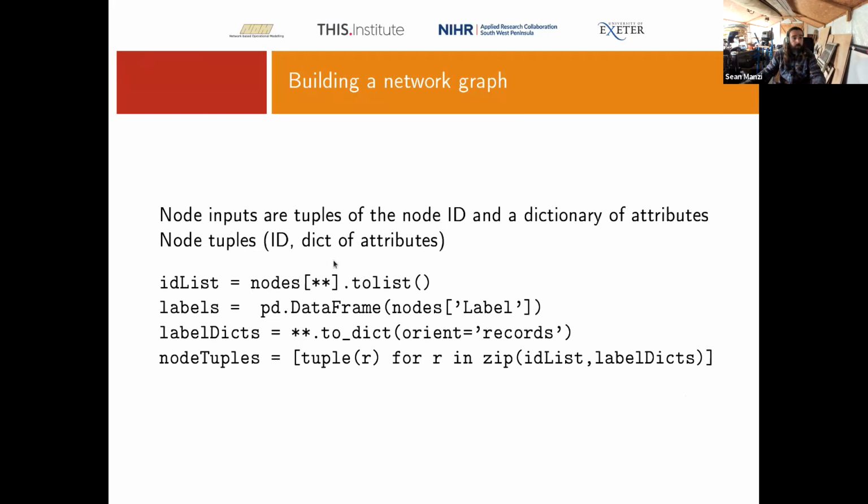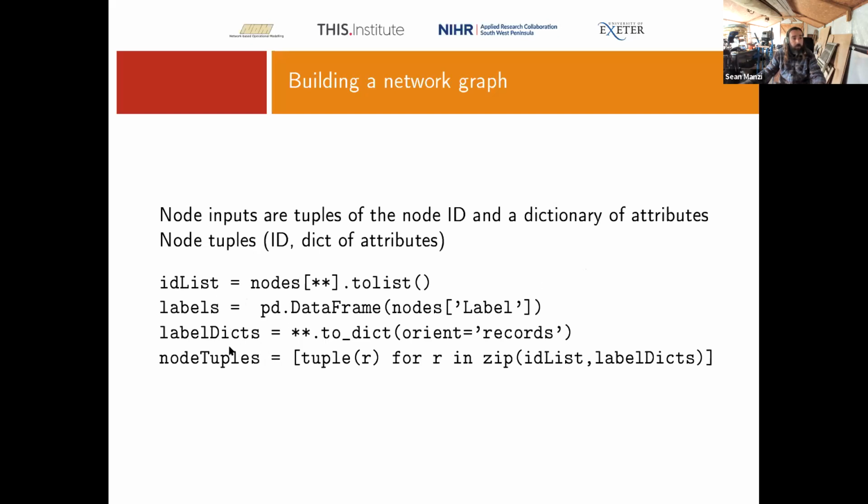So the node IDs are a list. They go in as we can see down here, it's named ID list. And then we create a data frame of the labels.